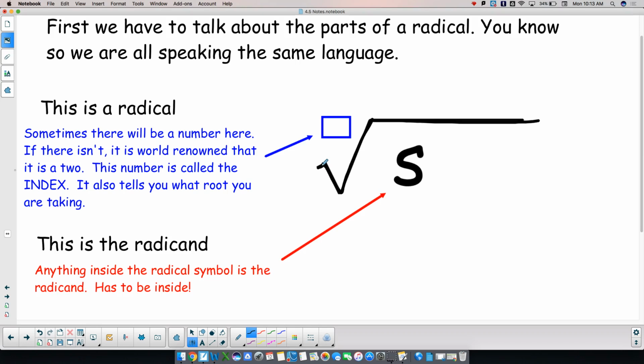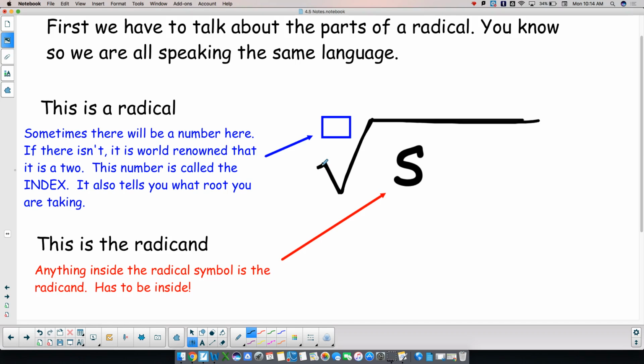Okay? And we'll simplify today, and we'll simplify on Wednesday, and we'll simplify all of our radicals from now on. So outside is called the radical, inside is called the radicand, and we have certain rules about our radicand.